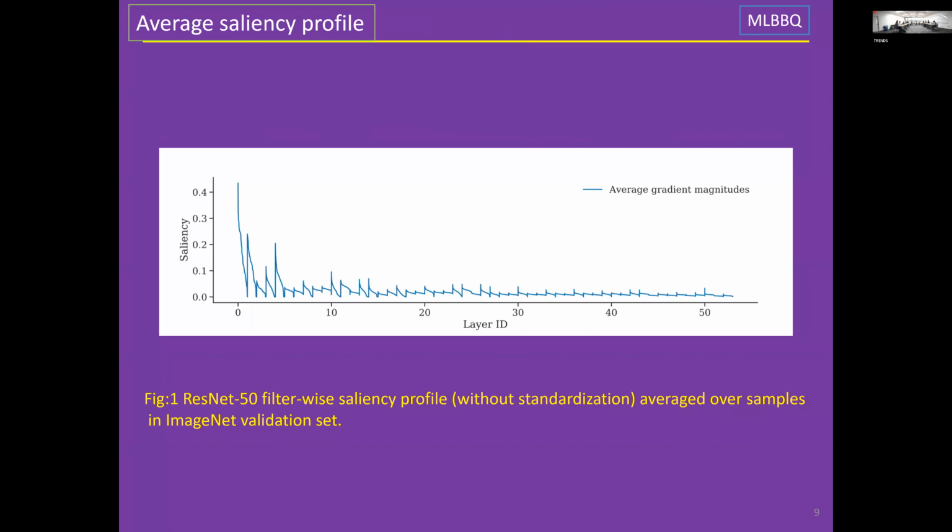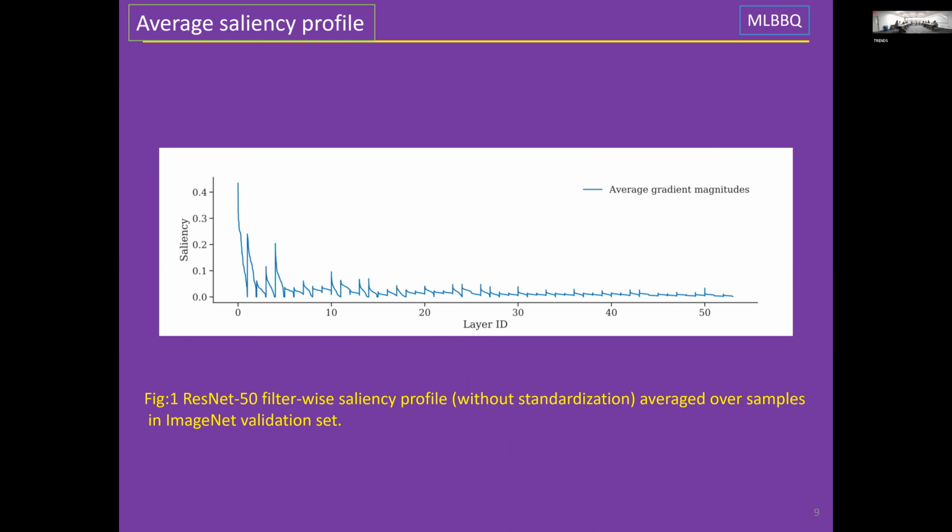The x-axis is not the image; it is the layer ID of the ResNet 50 network. The input layer is 0, the early layers, and it shows from early layers to deeper layers.